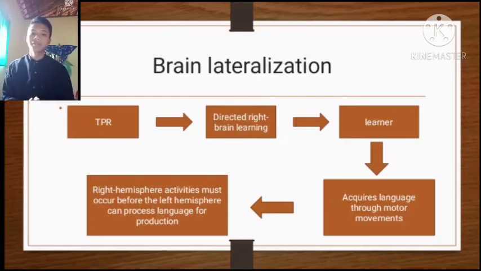And after that, the learner will understand more about the material by using TPR learning. Okay?